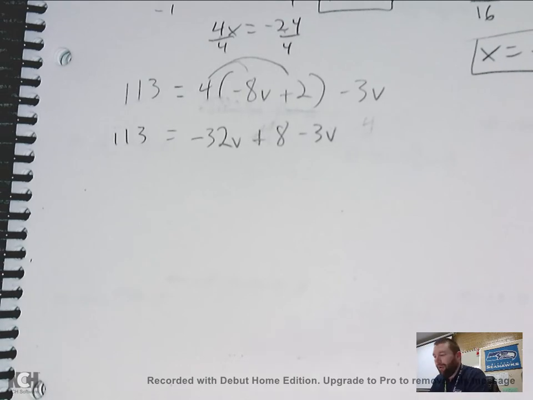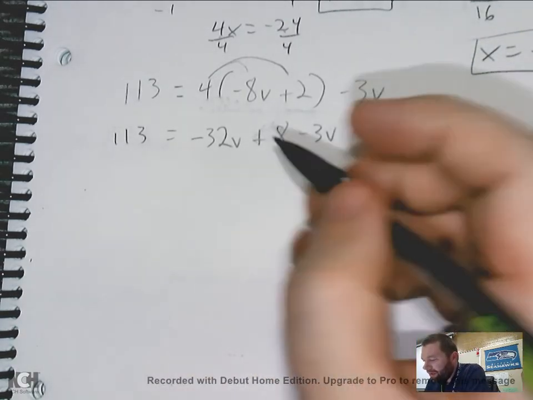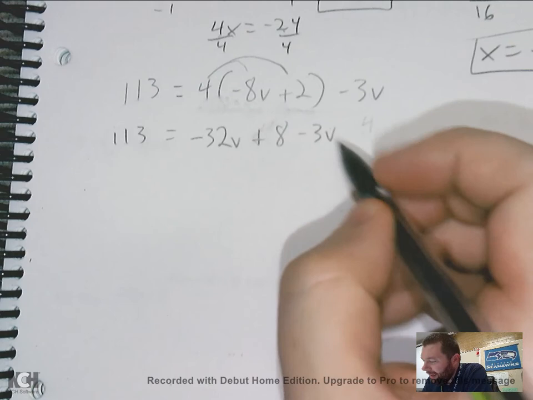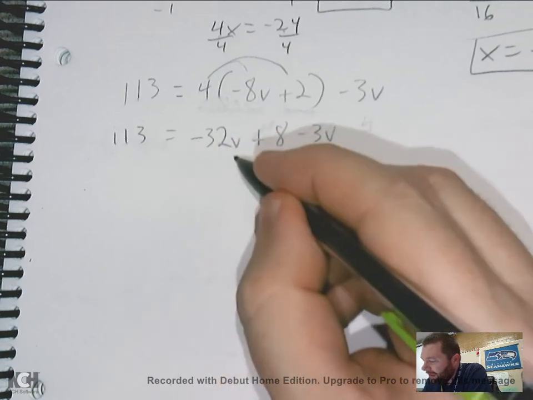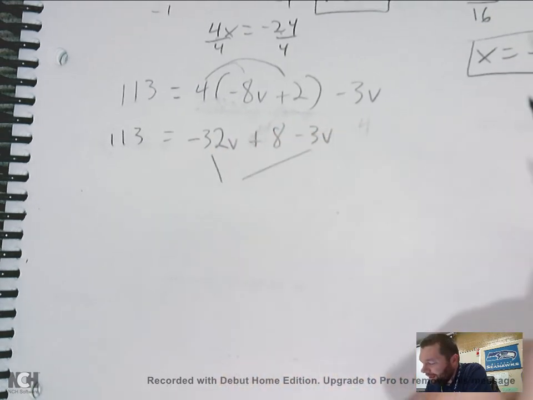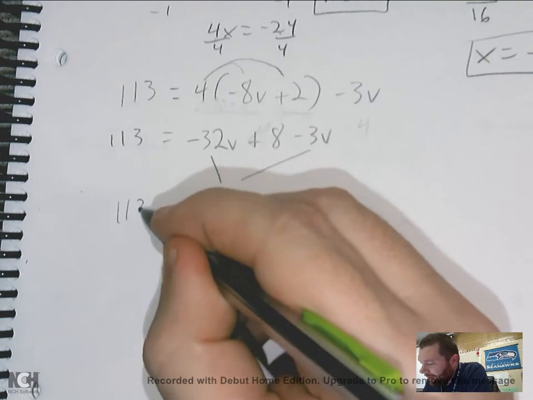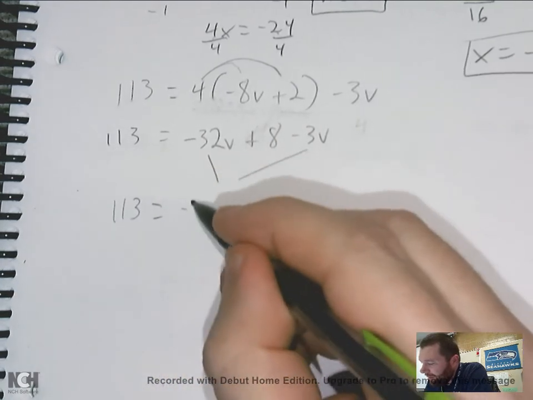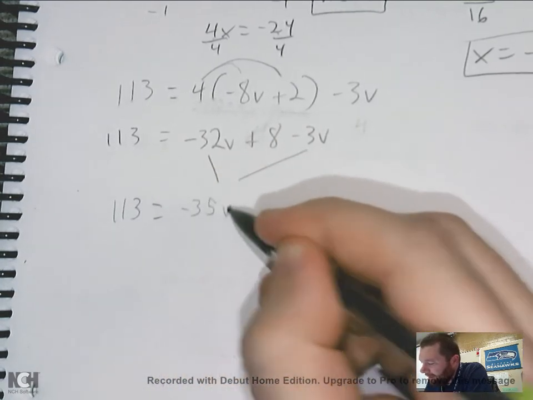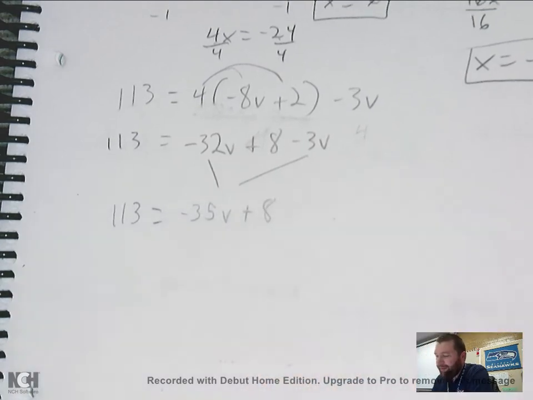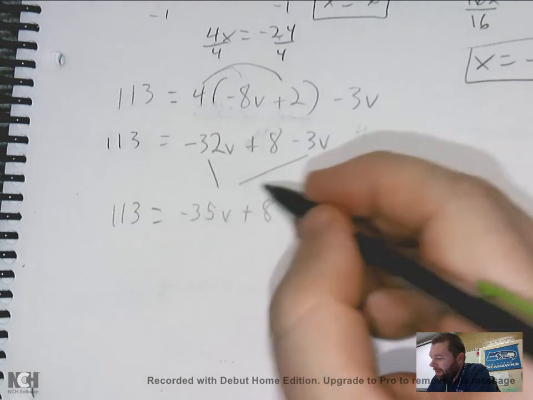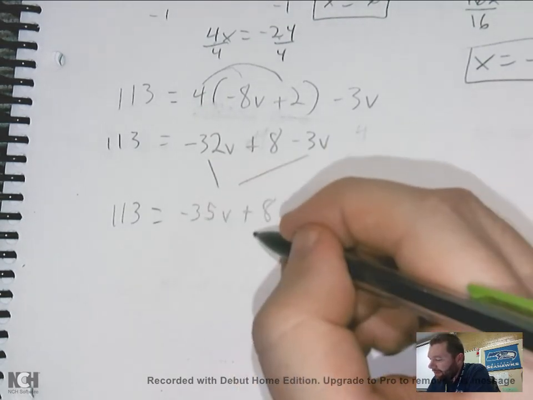Okay, so I distributed. Next step is to combine like terms. So I've got a negative 32v and a negative 3v. I'm going to combine those. And it's going to give me 113 equals negative 35v plus 8. Okay, now it's a party problem, right? So I've got a best friend and acquaintance. I'm going to move this acquaintance.